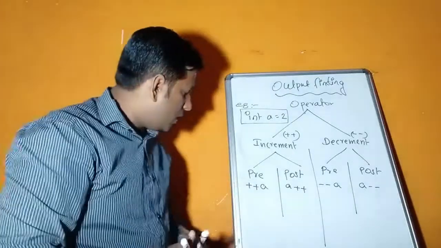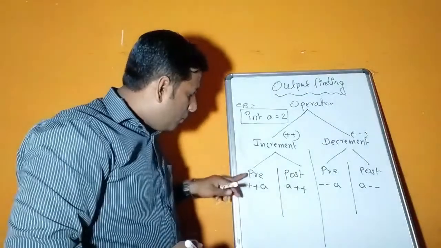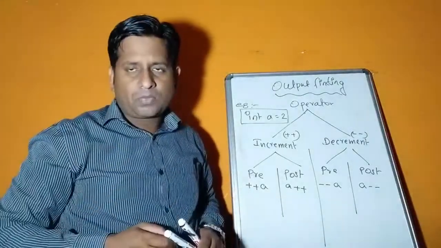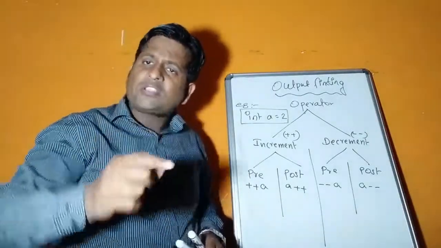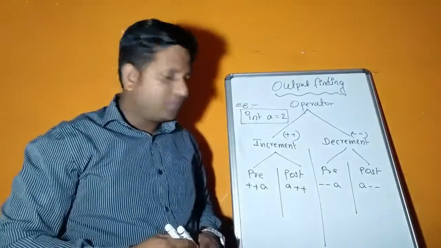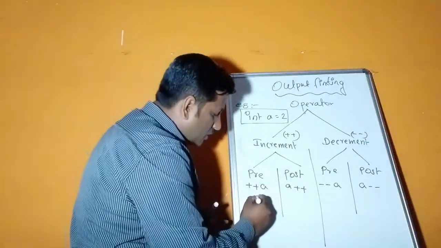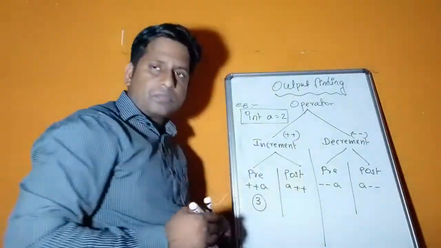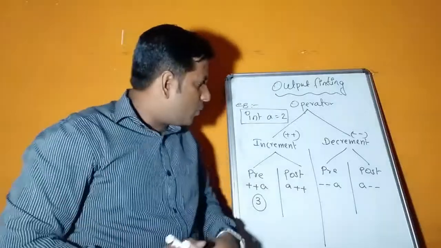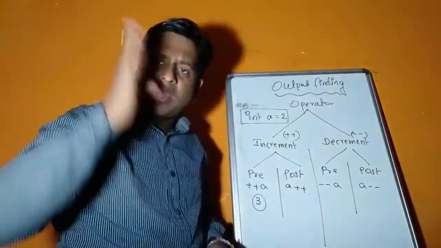Now let us see, here we have a value 2. Pre means first. First means first add the value. So 2 plus 1 becomes 3. So this answer will be 3. Same way for pre-decrement, first decrease the value.